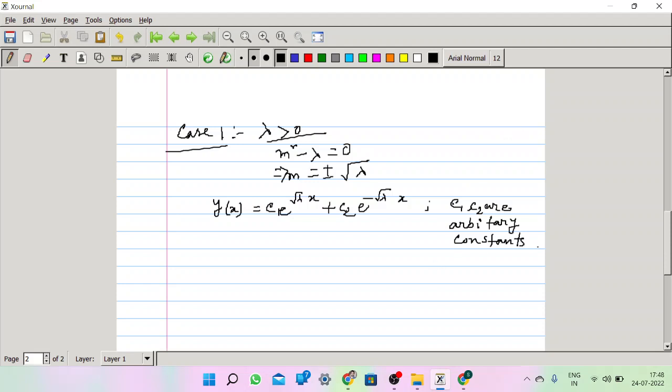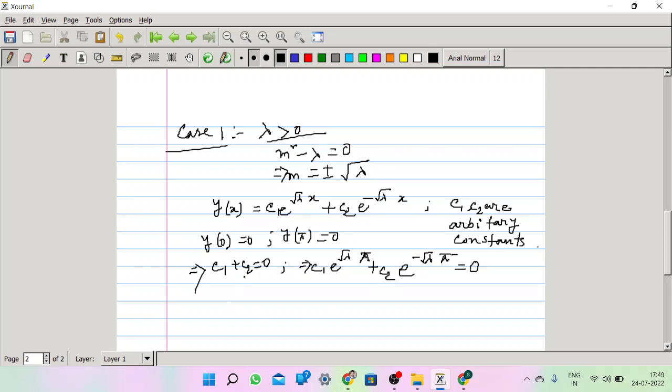Now my condition is y(0) is 0 and y(pi) is 0. By putting y(0) equal to 0, I get c1 plus c2 equal to 0, and y(pi) equal to 0 implies c1 e power root lambda pi plus c2 e power minus root lambda pi equal to 0.